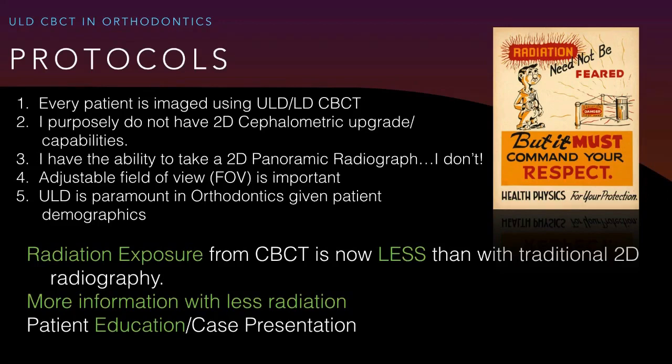So radiation exposure from CBCT is now less than that with traditional 2D radiography, whether you're talking film or digital, which means you basically get more information with less radiation. And that thereby allows you to do some patient education as well as better discuss the case so that they can understand what the plans are regarding treatment.